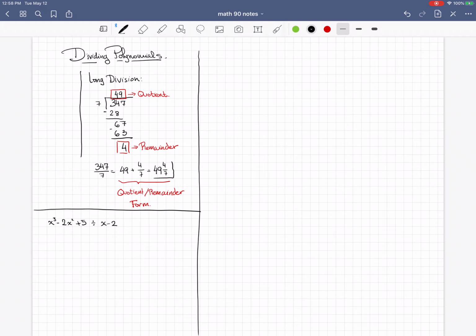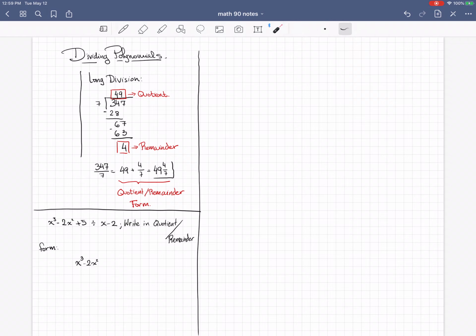And we're going to write this in quotient remainder form. I'm going to write out quotient remainder here, but in future examples, I'm just going to write QR to save a little bit of time. All right, so it's going to look very, very similar.